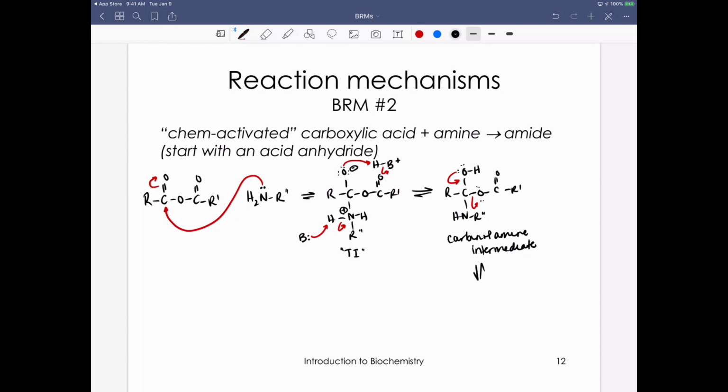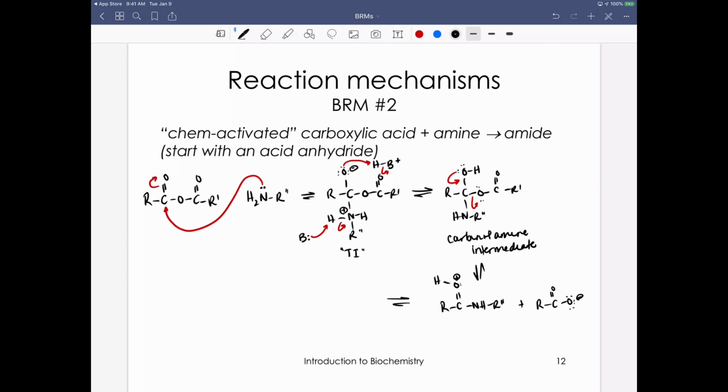Continuing along here to generate our protonated amide as one product, protonated on the oxygen of the carbonyl, plus our carboxylic acid here as a carboxylate group. And again, that was just a good leaving group.